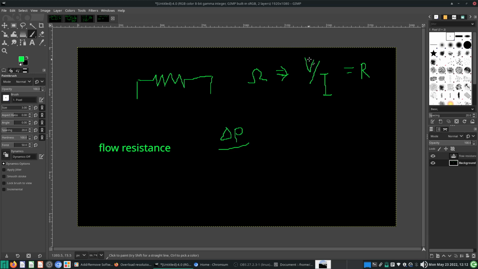Delta P is analogous to voltage, and I is the volumetric flow rate. So let me just use Q, because it's easy to confuse if the symbols are all the same, right? V for volumetric flow rate and V for voltage. Okay, can get very easily confused.